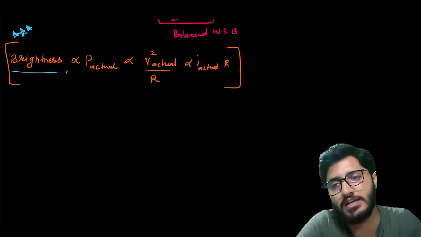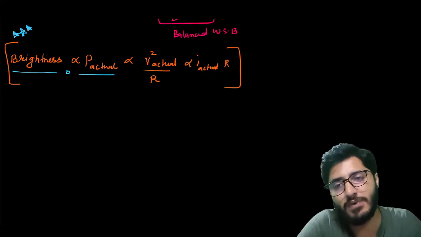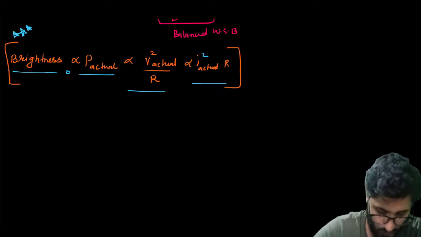Brightness is proportional to V square by R, and I square, sorry, it is I square into R. This thing you need to memorize.